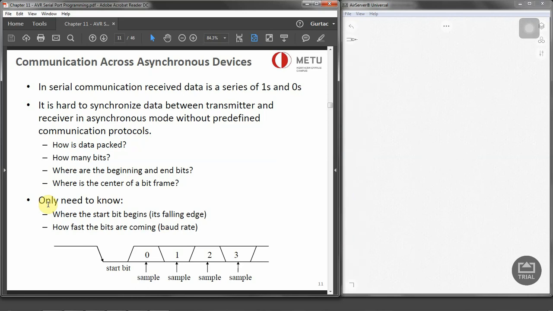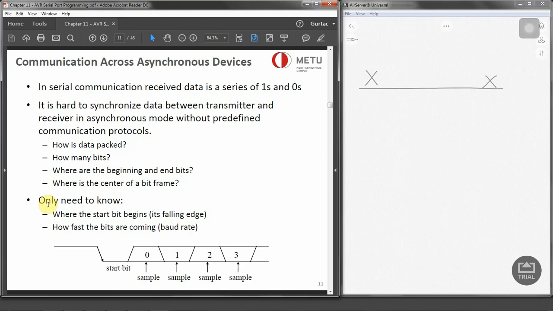So what we are actually having is, let's say this is our frame. Generally we have got one start bit and one stop bit.